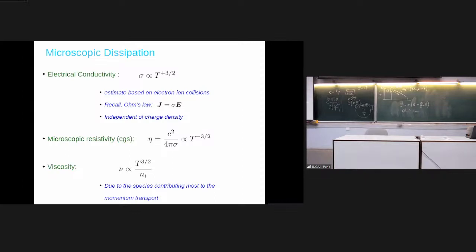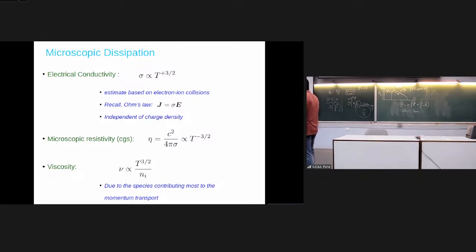So clearly the conductivity increases with temperature, and resistivity therefore decreases with temperature. This is simply c squared over 4 pi sigma, or just remember it as inverse conductivity is the resistivity of plasma, which is what is going to kill the energy in the magnetic field.